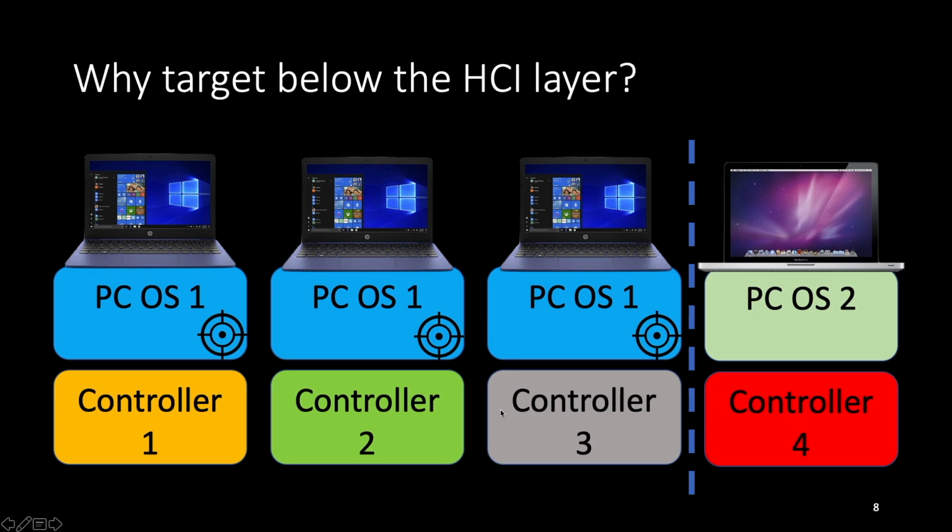Let's see why an attacker is interested in finding these low layer vulnerabilities. Let's say an attacker found a PC-specific vulnerability. In this case, the attacker can only attack a single class of devices.